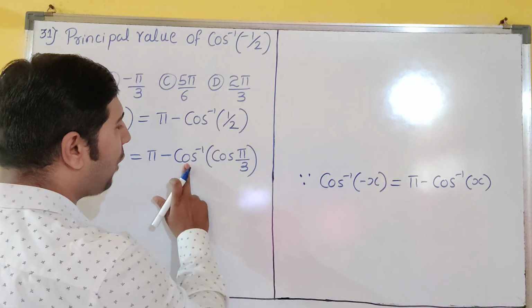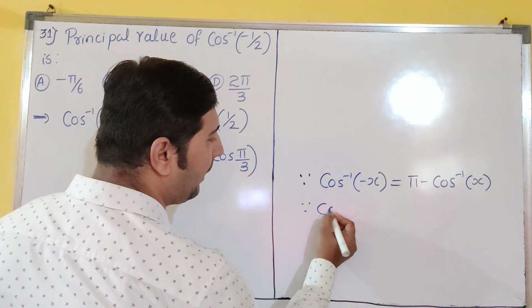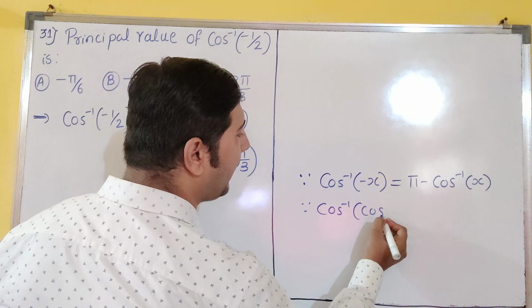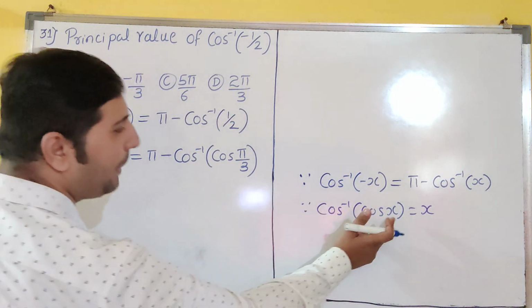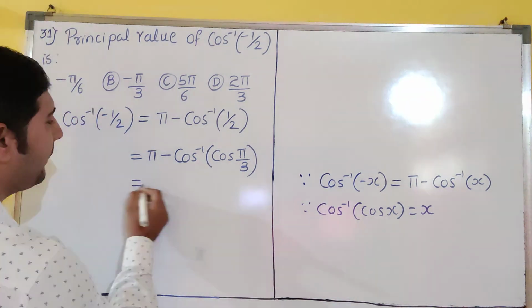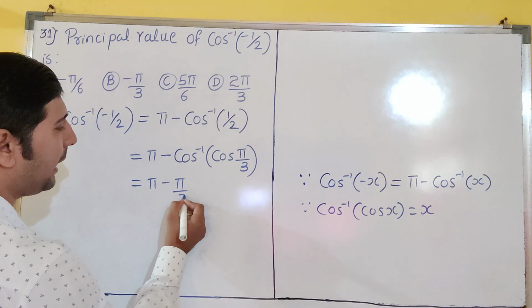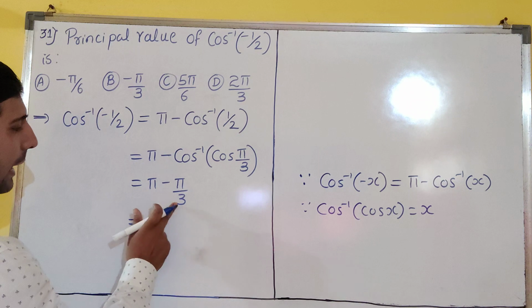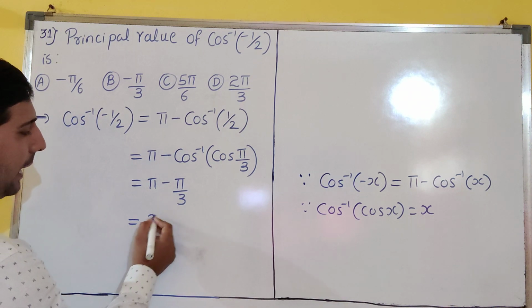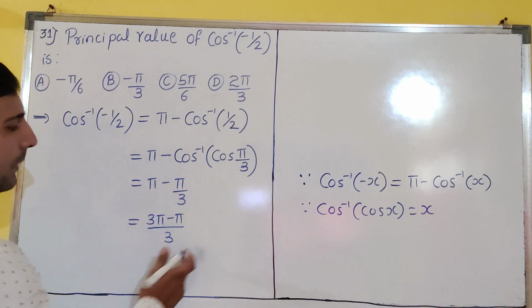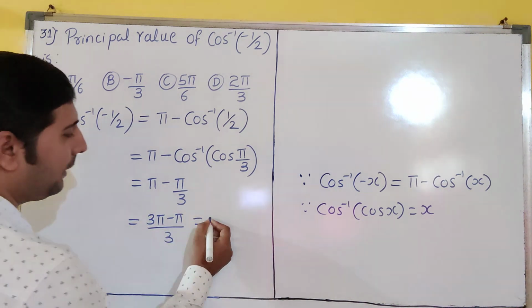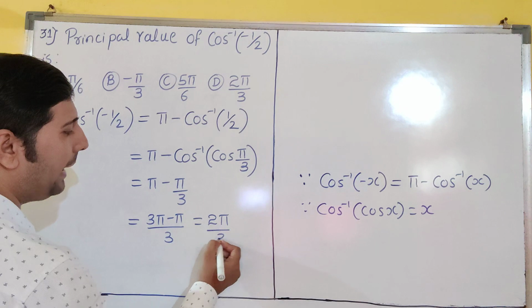Cos inverse of cos x is x only, dear students. So what is x here? Compare: x is pi by 3. So you can write pi minus pi by 3. Taking the LCM, 3 pi minus pi, whole divided by 3, that is 2 pi by 3.